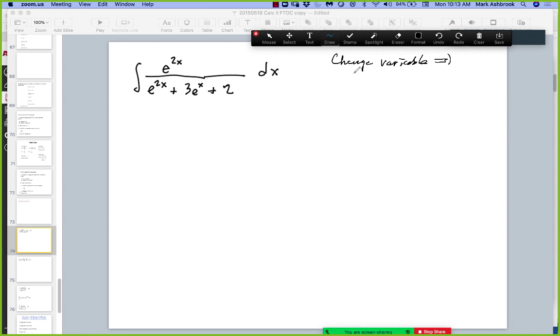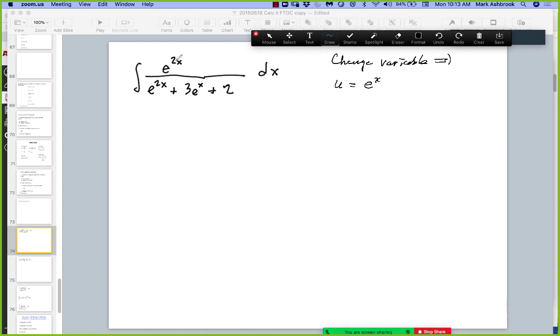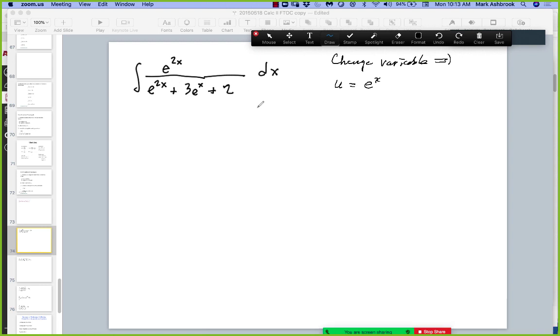Let's say u, and let u be e to the x. And when we do that, if we change it into u, then those exponential functions will go away, and we'll have a rational function. It'll be like a polynomial over a polynomial. Okay, so if u is e to the x, then what is e to the 2x?